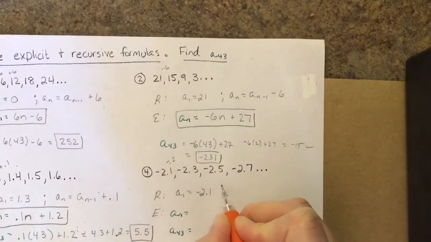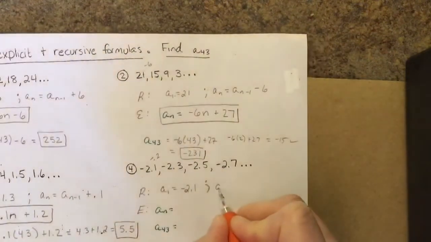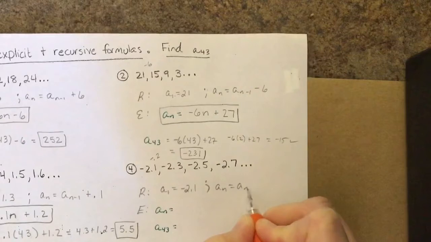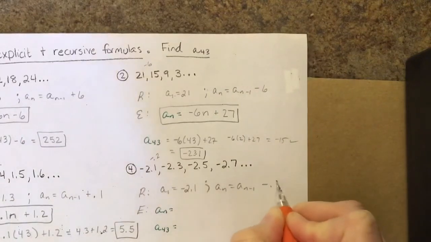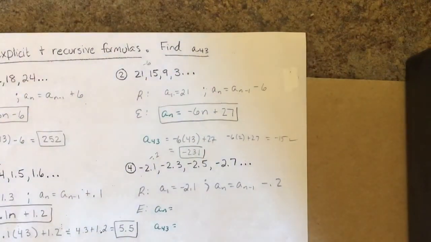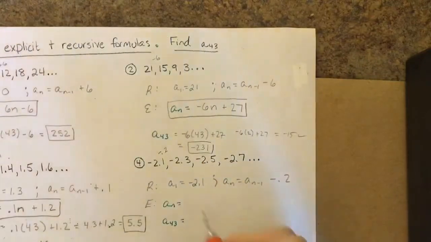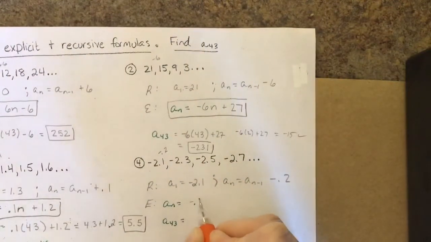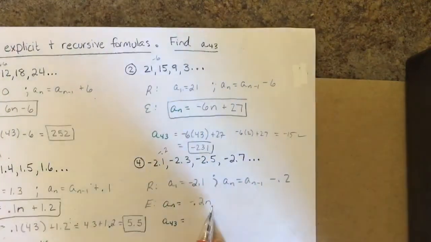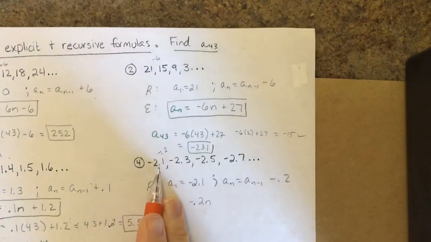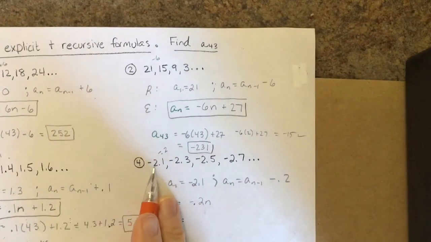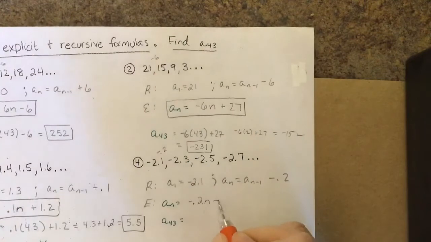Then a sub n equals previous term minus 0.2. Explicit formula: take negative 0.2 times n. That would be 1. And then how do I get down to negative 2.1? Well, that's a minus 1.9.